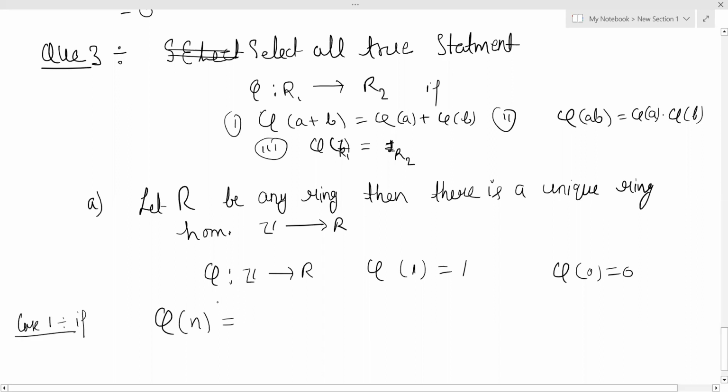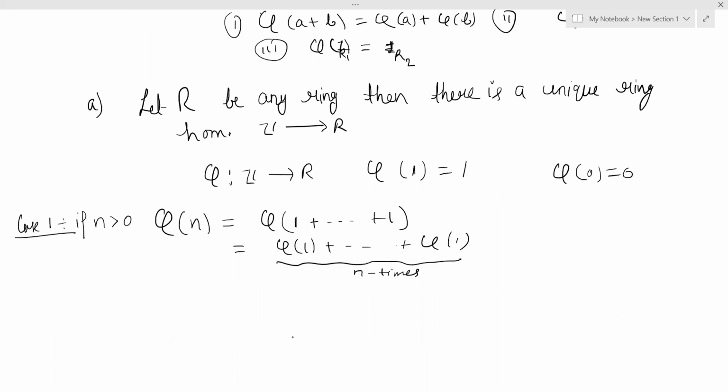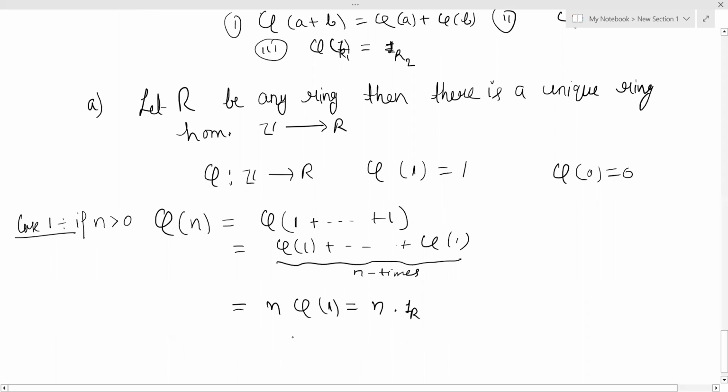Case 1, if n greater than 0, phi of 1 plus 1 and so on, is phi 1 plus phi 1, n times. So this is n times phi 1, and this is n times 1 of R.